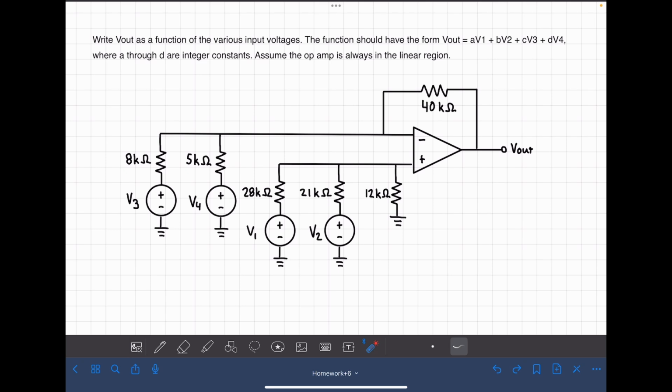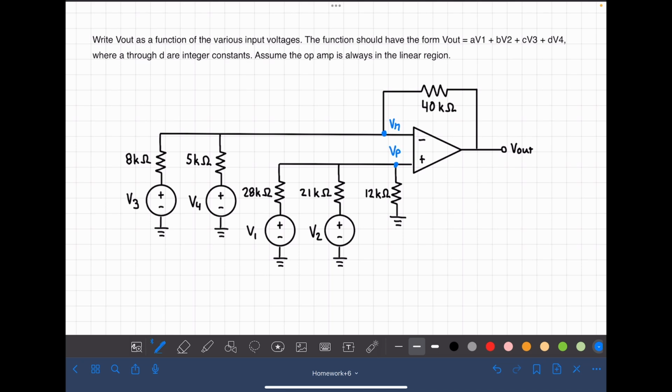Alrighty, so we need to find the function for Vout, which means we need to find each of these individual gain constants, the weights on each of our inputs. To do that, we're just going to start with some node voltage analysis, labeling our circuit. We know this is Vin and this is Vp.